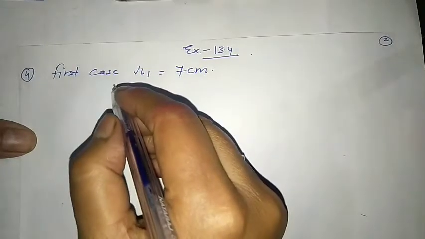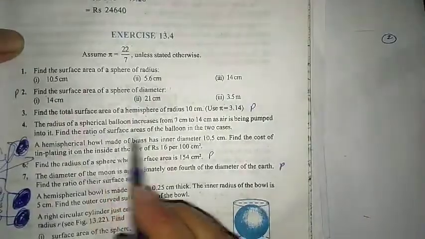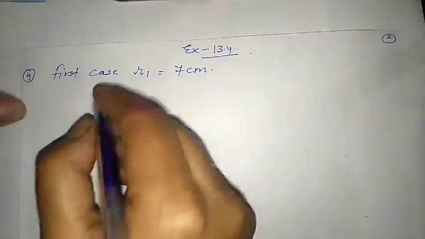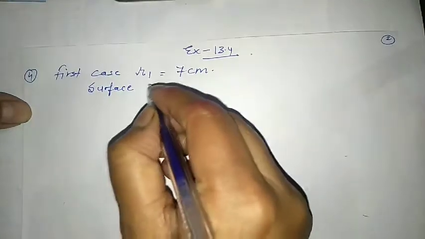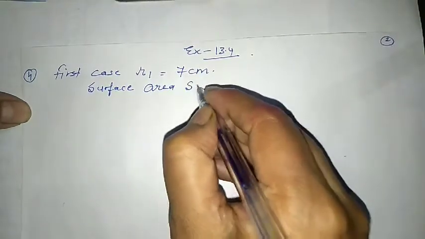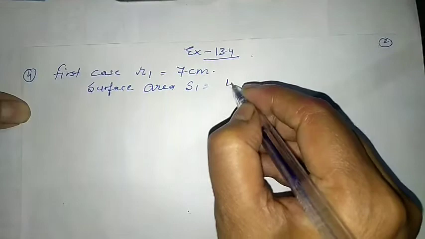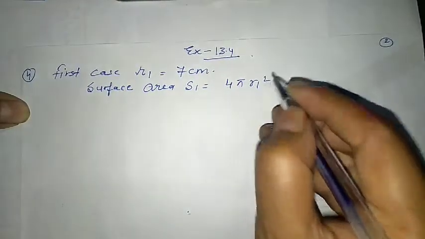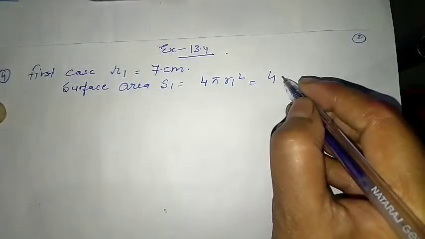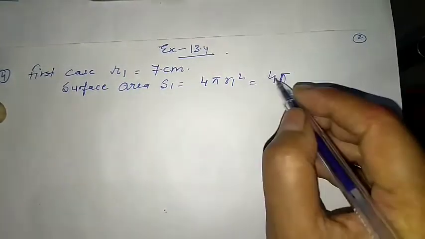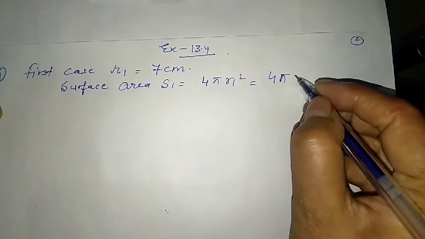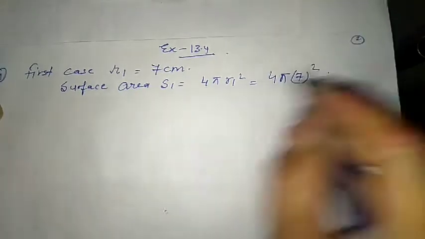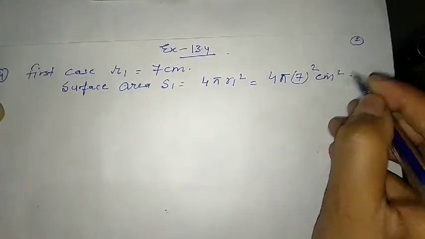So what is the surface area? It is asking here the ratio of the surface area. So surface area, suppose this is S1. So we are having here 4 pi r1 square, that is equal to 4 pi. We are finding ratio here, so no need to put the value of pi. So we are having 7 square centimeter square.